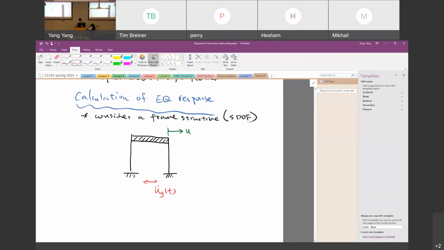The earthquake record is typically recorded as acceleration because it is the easiest way to record an earthquake. So what is the equation of motion?